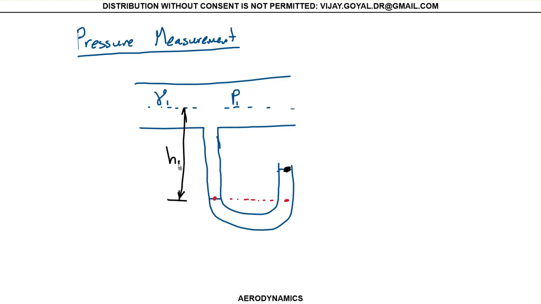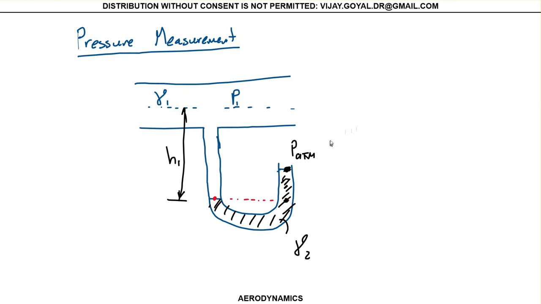Let's call it h1, and let's suppose this is full of a different fluid, and this fluid is gamma 2. Then this is atmospheric pressure at this point right here.